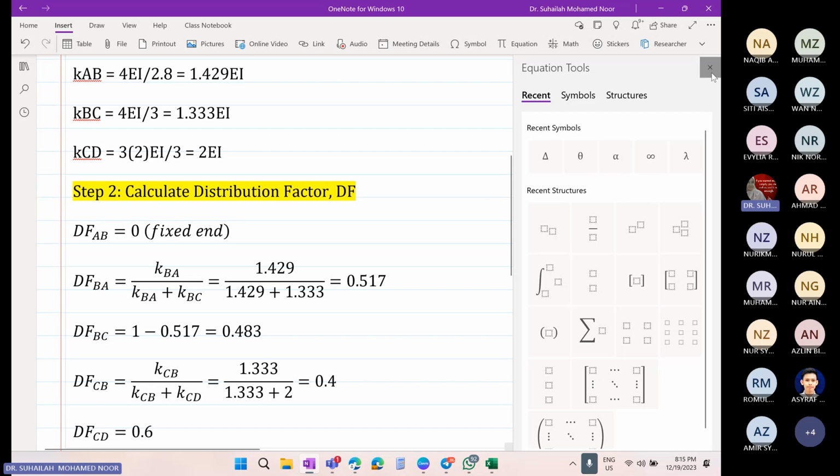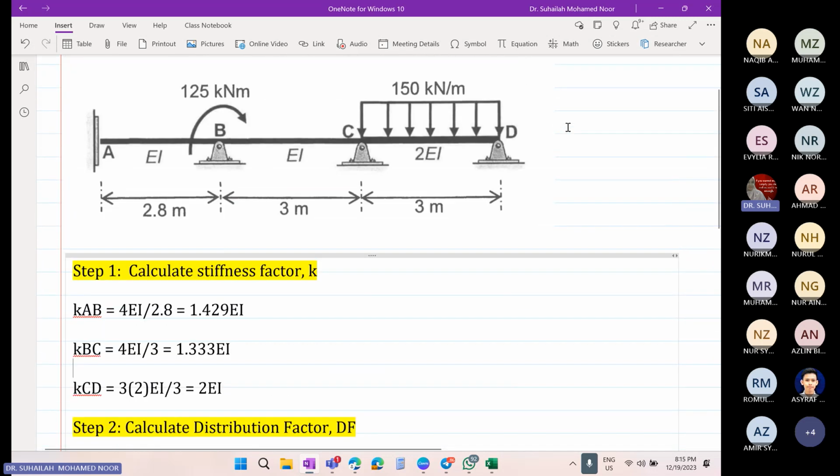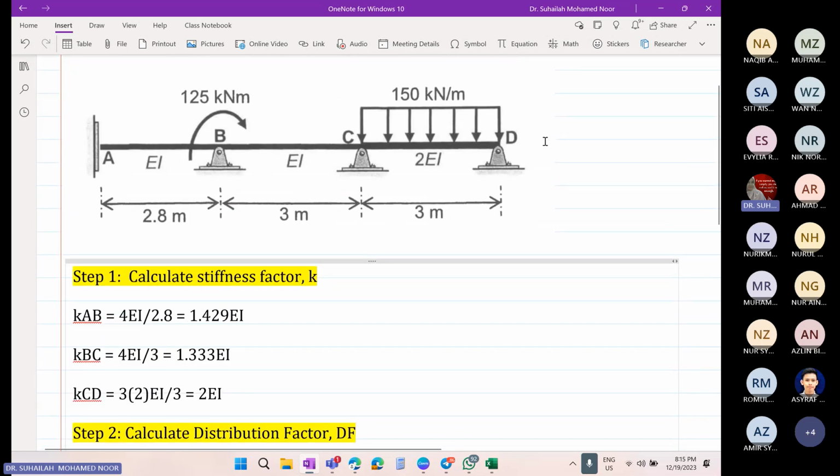That is why knowing how many ends we have is important.